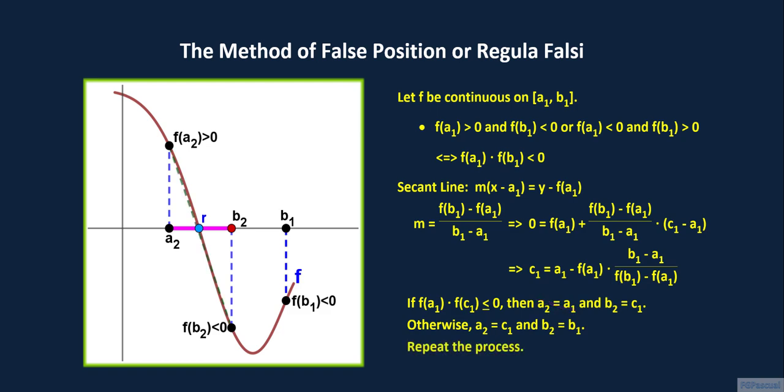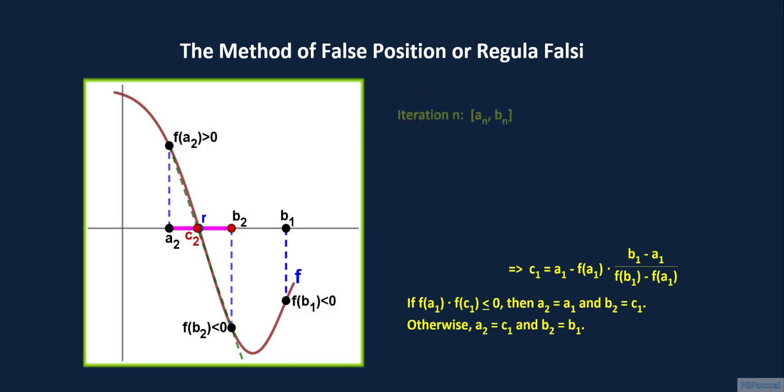We simply repeat the process for these succeeding iterations. At the nth iteration, or iteration n, with the interval from x equals a sub n to x equals b sub n, c sub n equals a sub n minus f of a sub n times b sub n minus a sub n over f of b sub n minus f of a sub n.